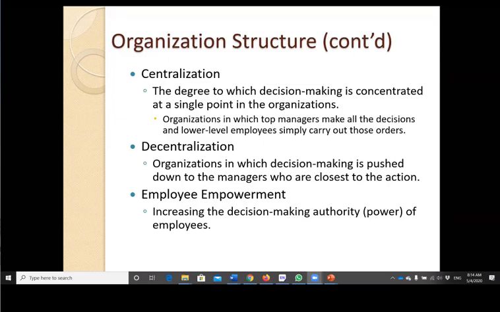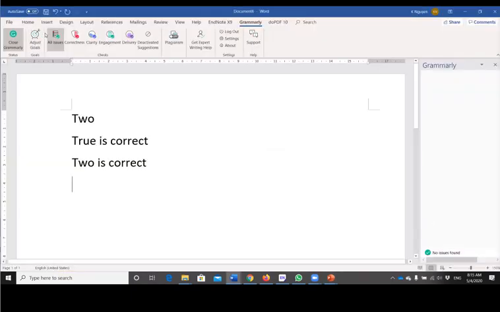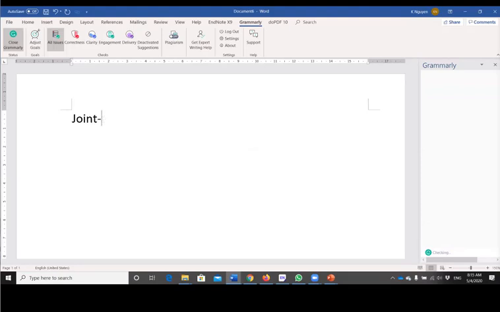For example, in a typical joint venture company in Vietnam, often the chair of the management board can be the general director as well.